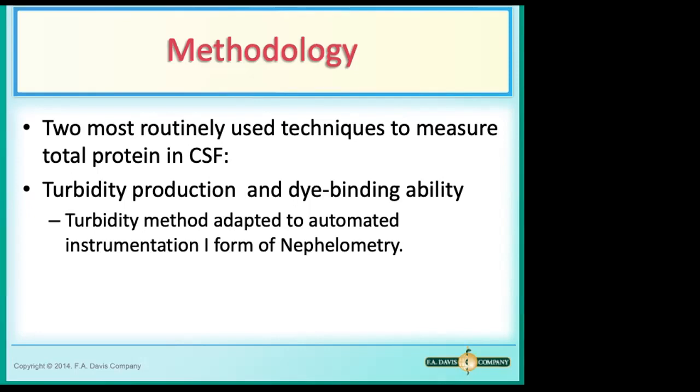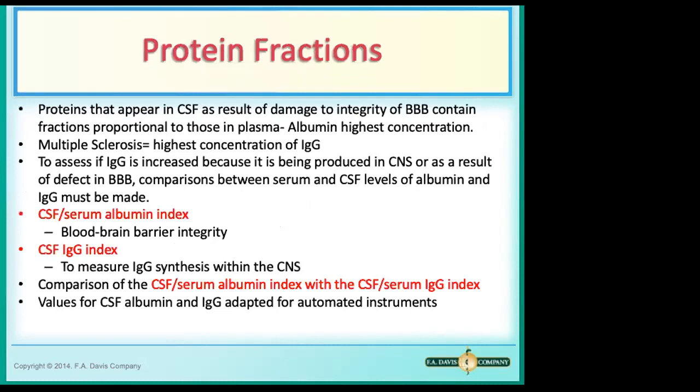So what are the protein fractions? To diagnose certain neurological disorders, it is important to measure individual protein fractions, because each fraction will give us an indication that something is happening, kind of like a differential diagnosis. We are able to see the different types of neurological issues by looking at each protein fraction.